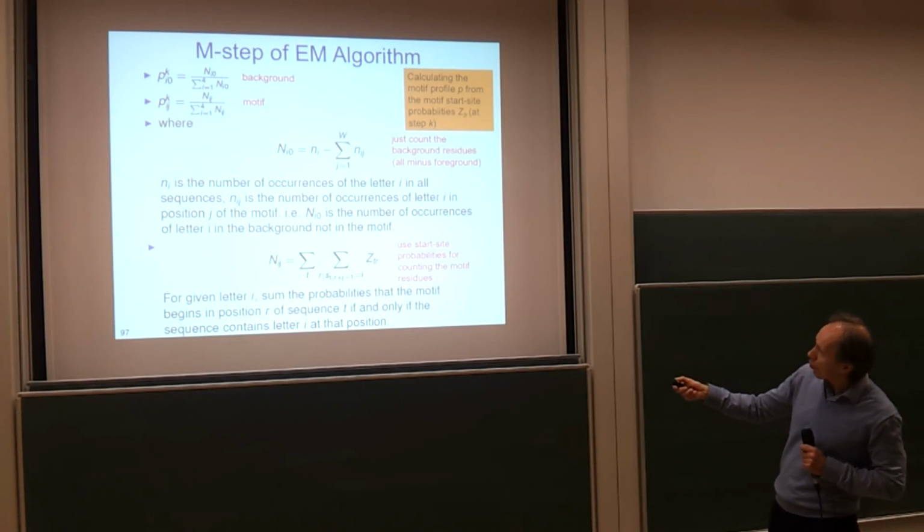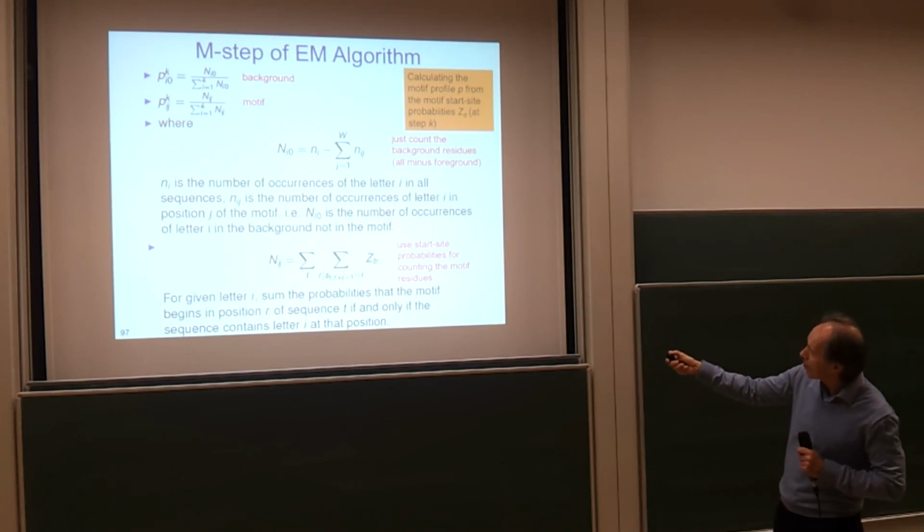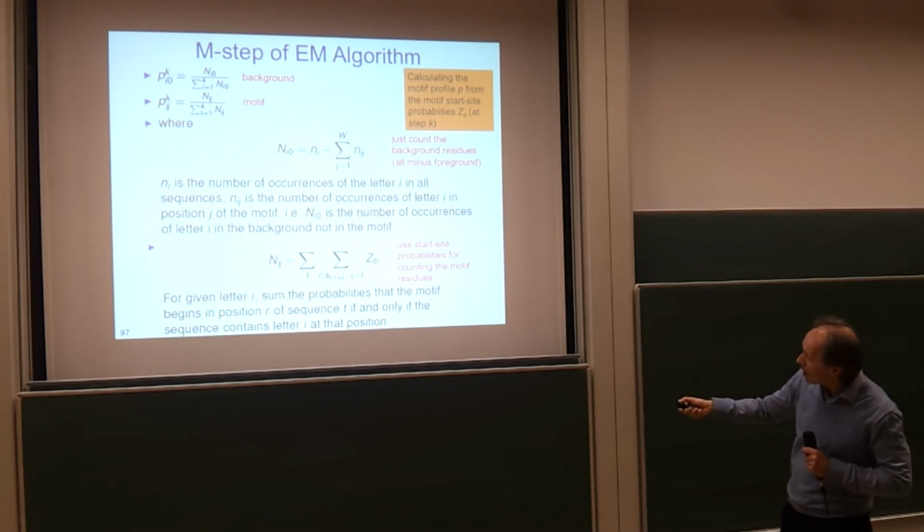If you count over all positions that are not foreground, then you have the background. And this formula is maybe more interesting for now: it shows how you build the frequencies, the profile probabilities, the values in the profile in the motif regions.